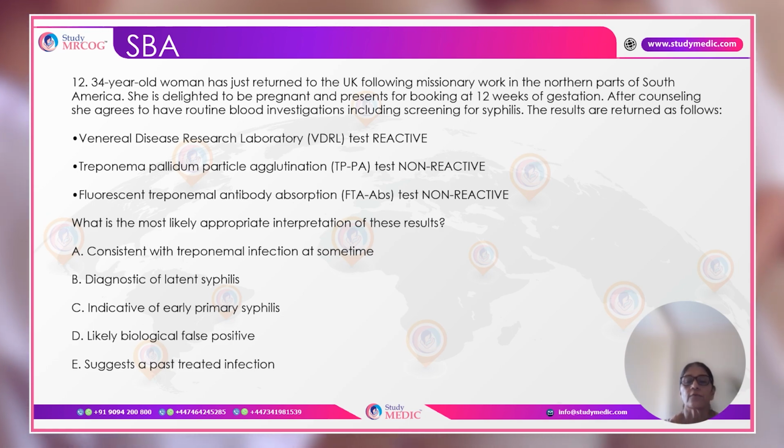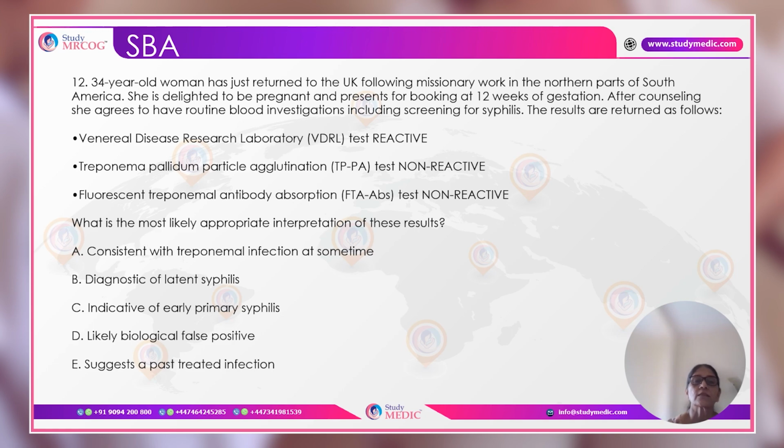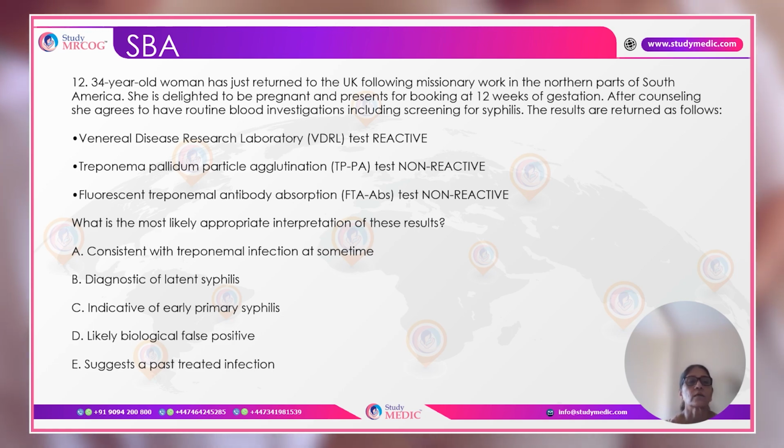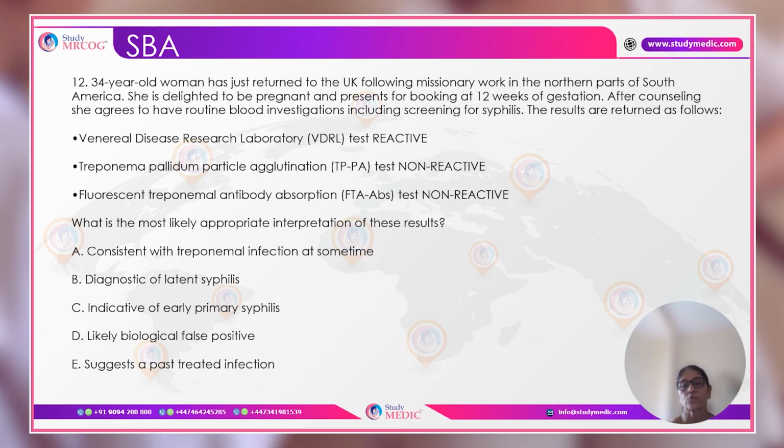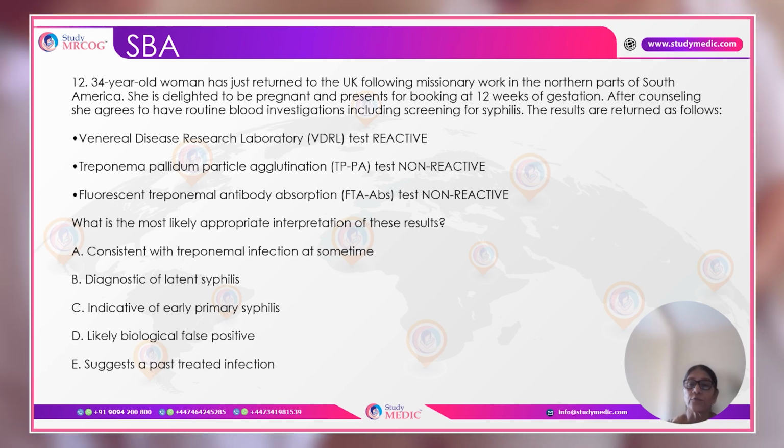We know that in the UK syphilis is routinely tested for. Her VDRL test is reactive. Her Treponema pallidum particle agglutination test is non-reactive, and also the fluorescent treponemal antibody absorption test is non-reactive. Now she is confused whether she has syphilis or she doesn't have syphilis.